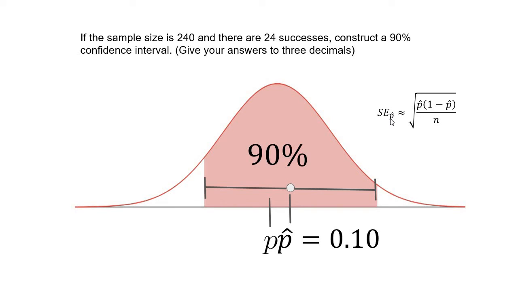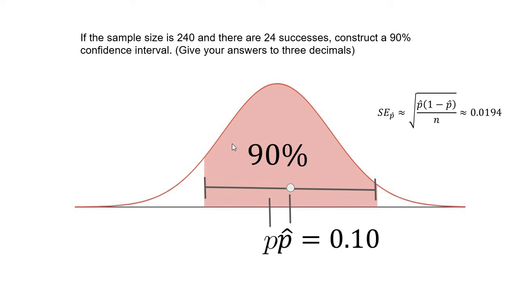The standard error of the p hats is the square root of p times 1 minus p over n. But because the population proportion is what we're trying to estimate, we use p hat instead. The square root of 0.1 times 0.9 over 240 is 0.0194. So the standard error, the spread of this thing, is 0.0194.